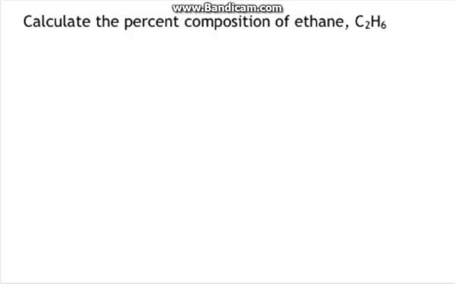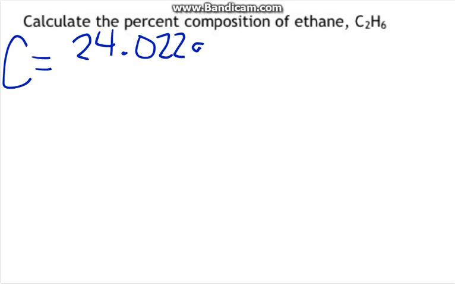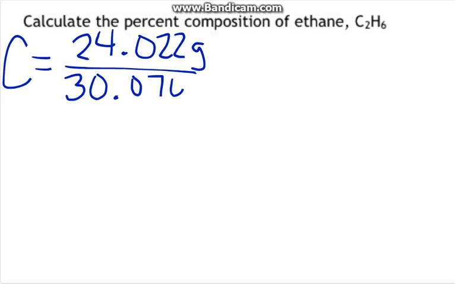Let's see. For carbon, the percent of carbon, we have 2 carbons with a mass of 24.022 grams. We divide that by the total, which was 30.070 grams.